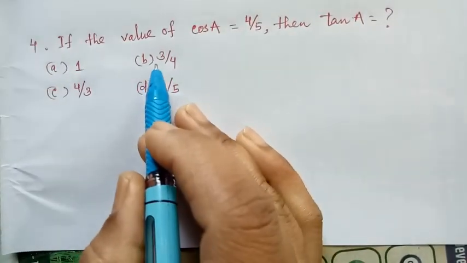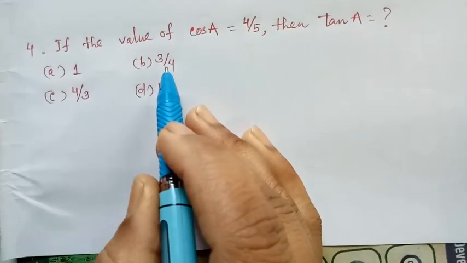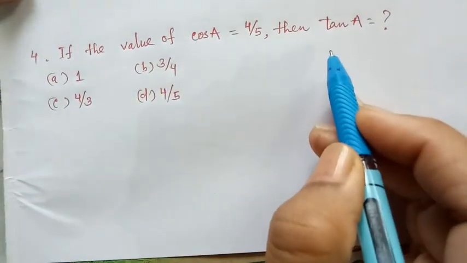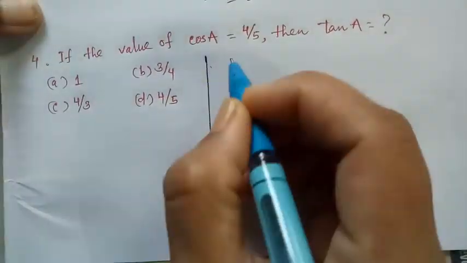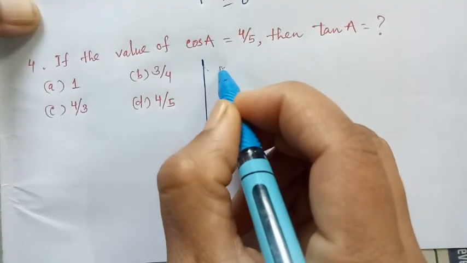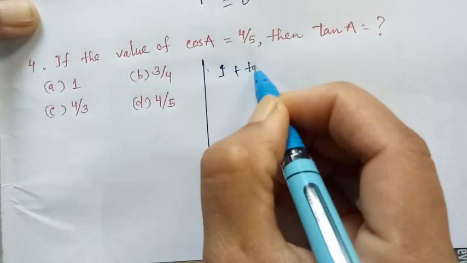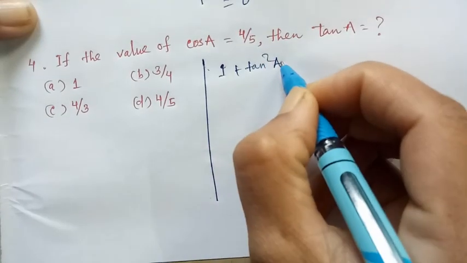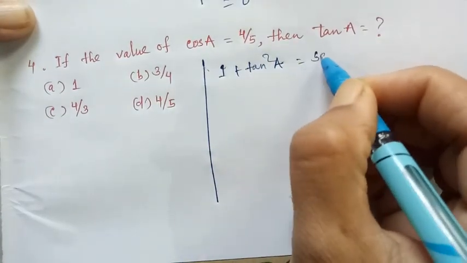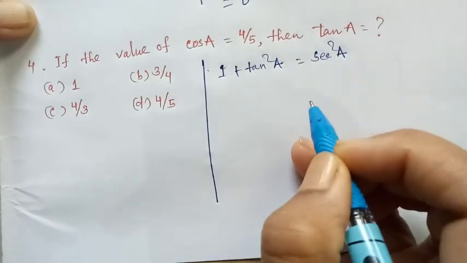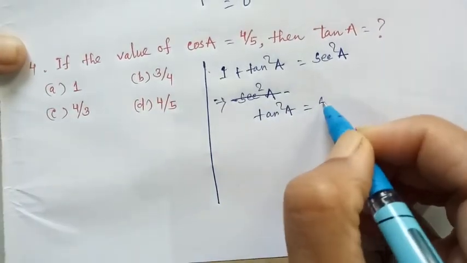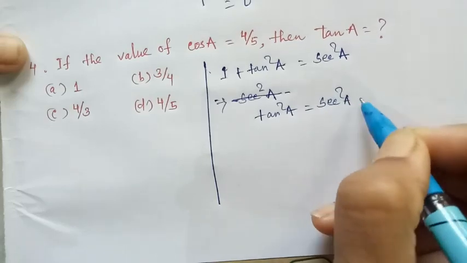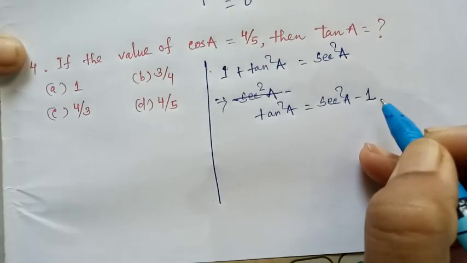Next, if the value of cos A is equal to 4 upon 5, then we have to find out tan A. We know that 1 plus tan square A is equal to sec square A. You can write tan square A is equal to sec square A minus 1.